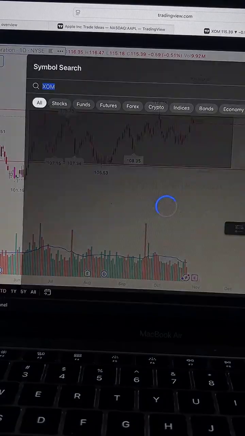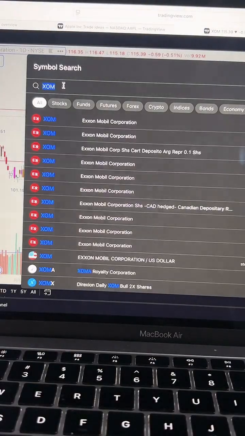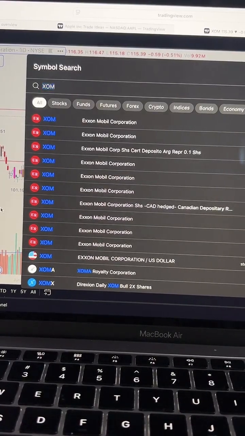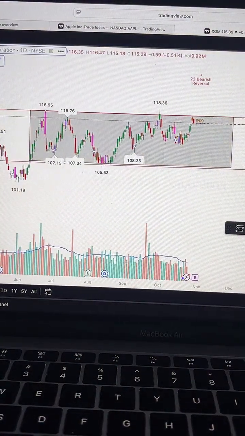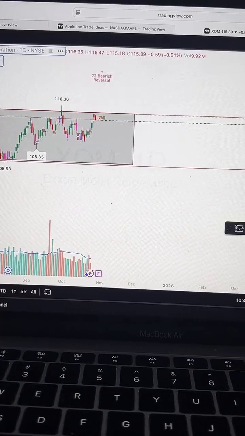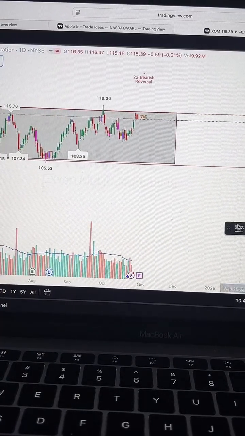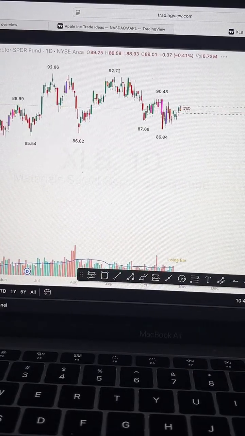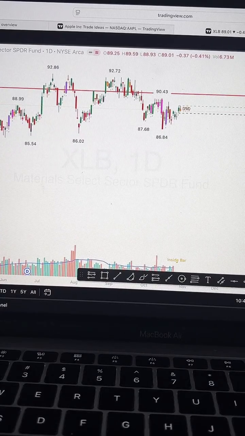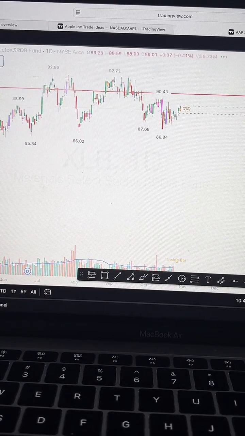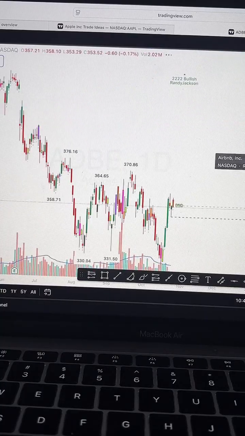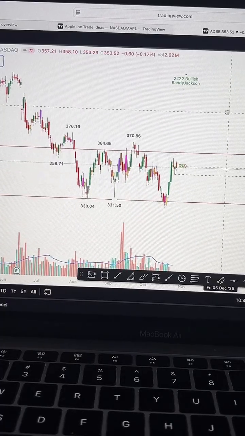Now I'm trying to find some downtrend stocks because we did a lot of uptrend and sideways. Let me see. Pull out my stock list. What is this?